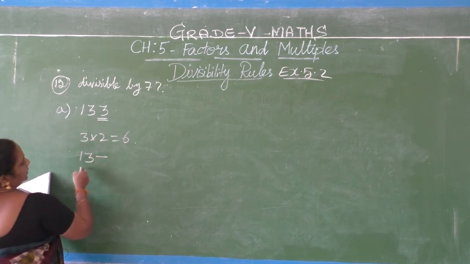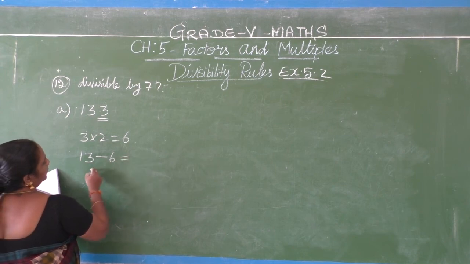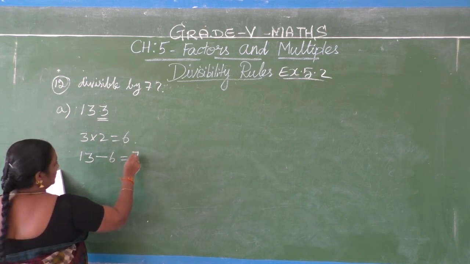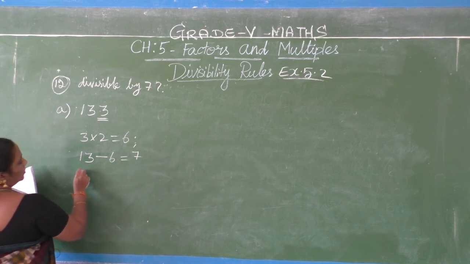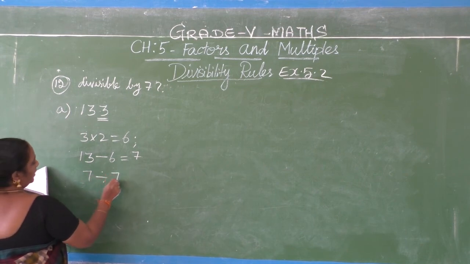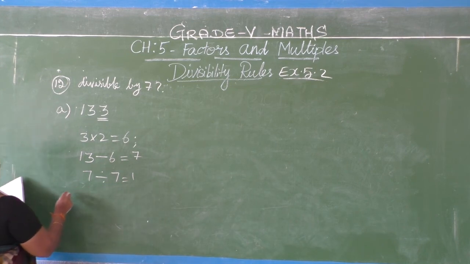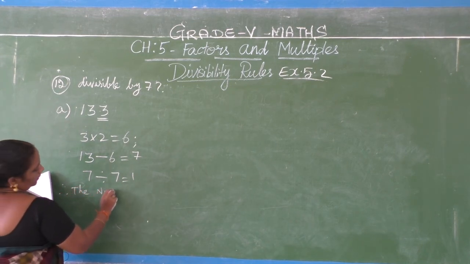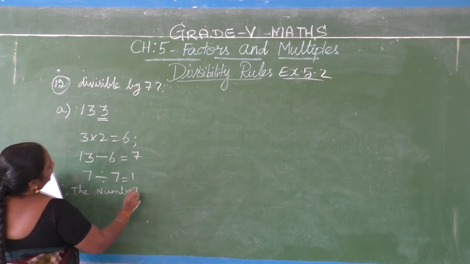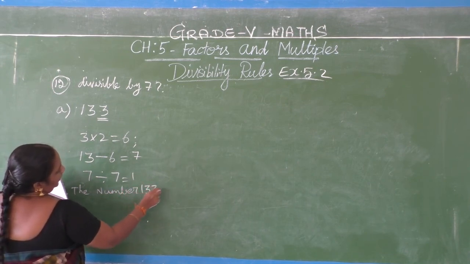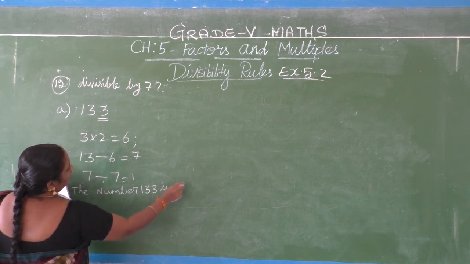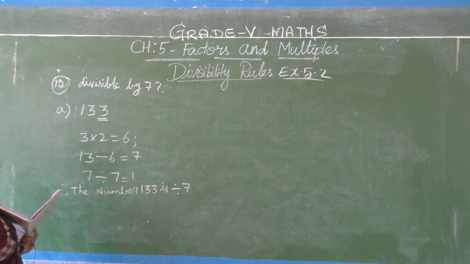So the difference, 13 minus 6, what will come Kana? 13 minus 6 is 7. So 7 is divisible by 7 or not? Yes, one time. Therefore the number 133 is divisible by 7.